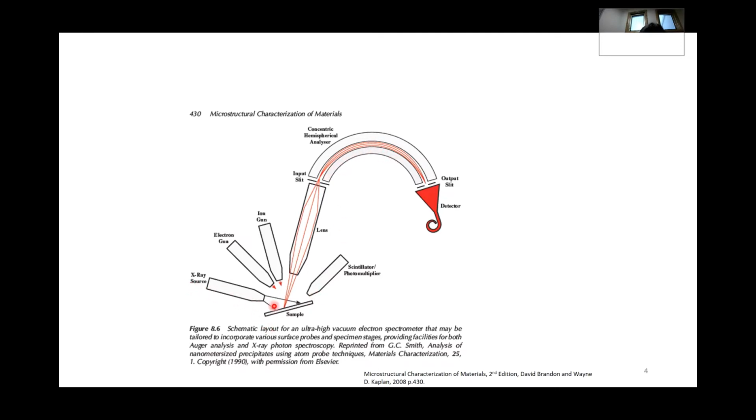You can bombard it, so you can either detect photoelectrons or Auger electrons. The electron gun will give you any flavor of electrons in addition to X-rays. This ion gun's usually used to remove layers of material and look deeper in the surface. And so you can do Z scale characterization.